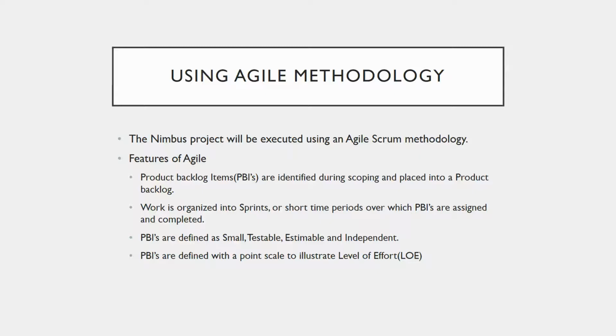So there's a couple of layers there. Work is organized into sprints, iterations basically, short periods of time over which the PBIs are assigned and completed. What is a PBI? A PBI is defined as a small, testable, estimable, and independent piece of work, a collection of tasks, essentially. They are defined with a point scale to illustrate level of effort.